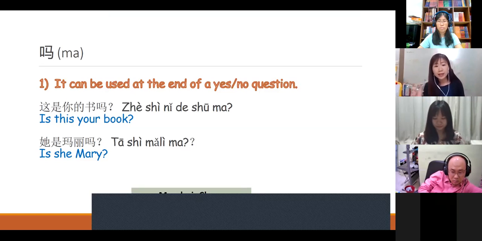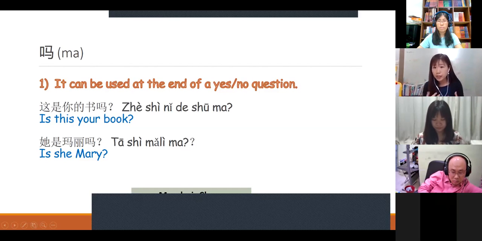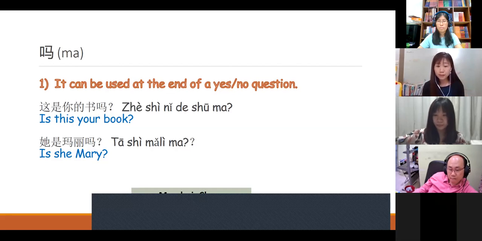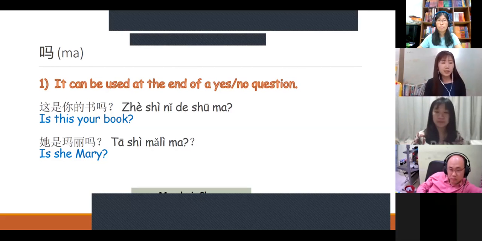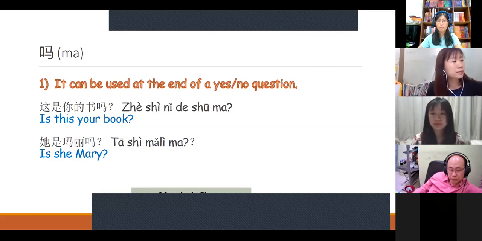So when we put the word kan, it means that the person who asked has more confidence in what they are asking. And in English, with the ba, we can say, this is your book, right? So we have the word right at the back. It means, oh, this is your book, right? If I say, is this your book? 这是你的书吗?